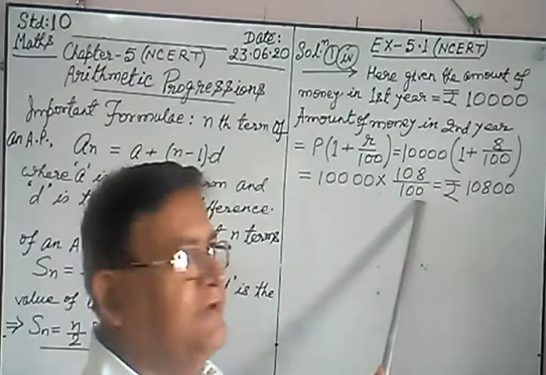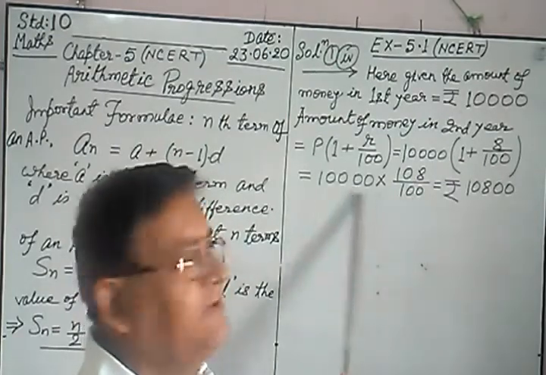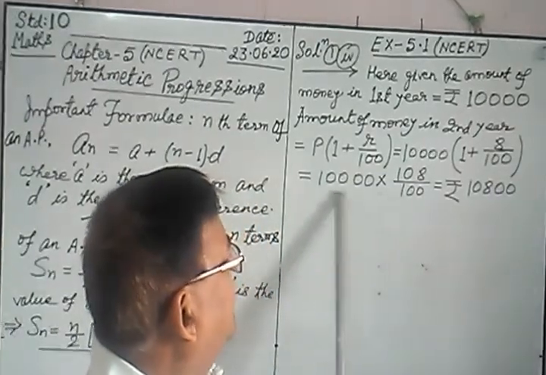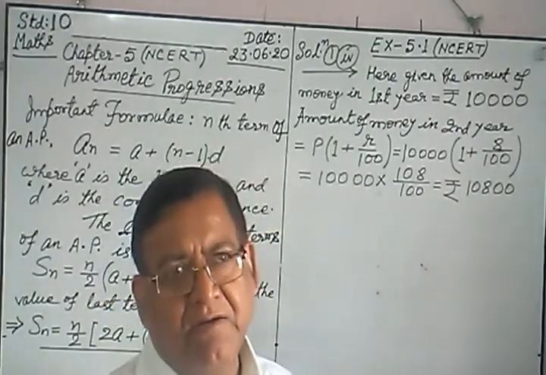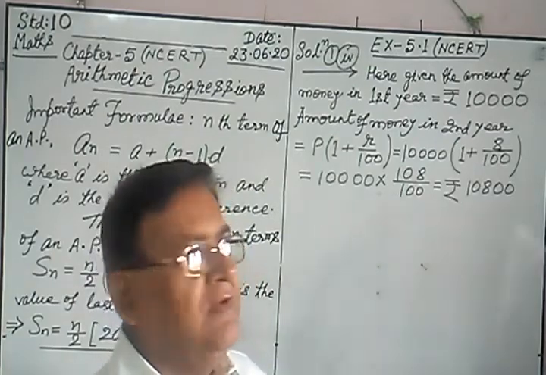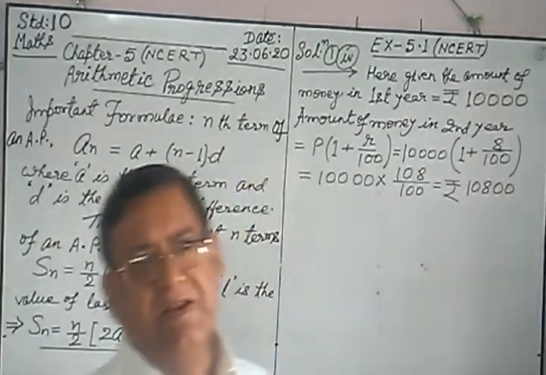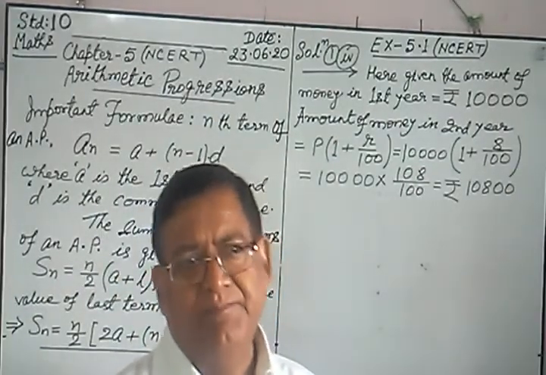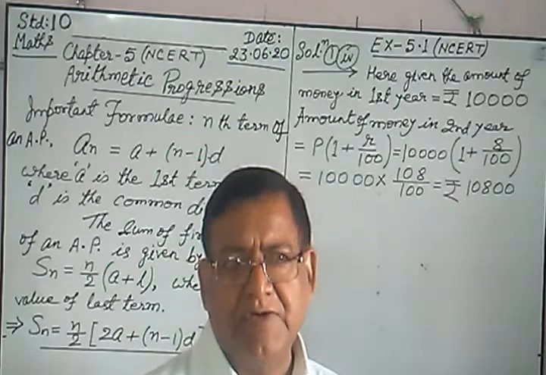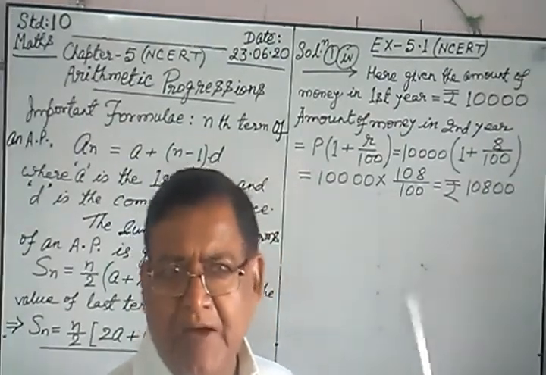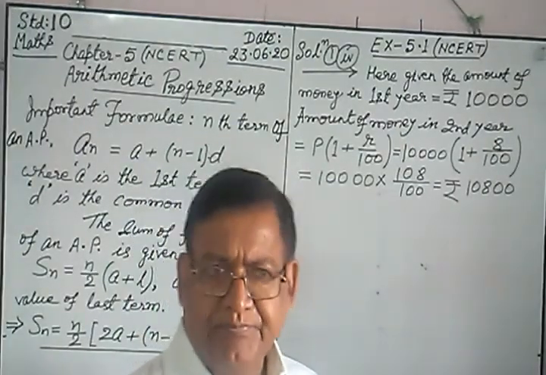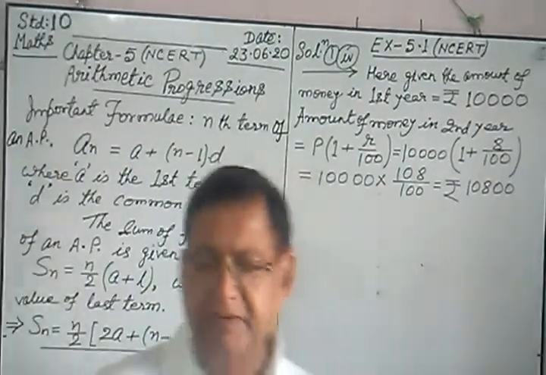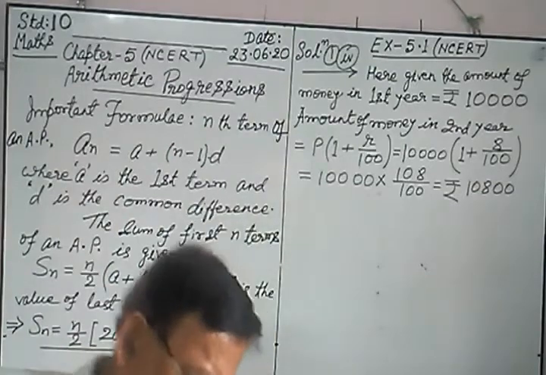The 100 cancels with the 10,000, so you get 100 multiplied by 108. After 1 year the amount will be 10,800, because it also includes the interest. So the principal was 10,000 and after 1 year it becomes 10,800. Let us see what it will be in the second year.